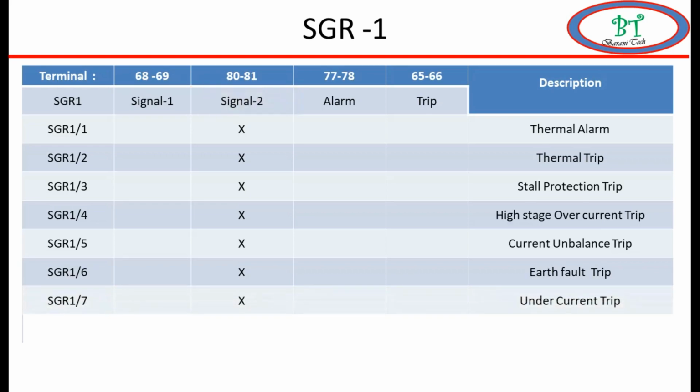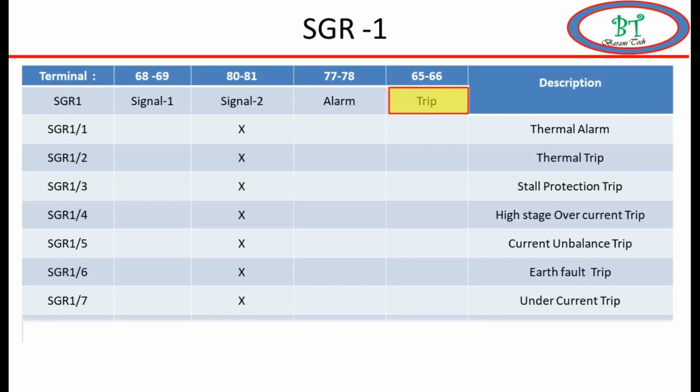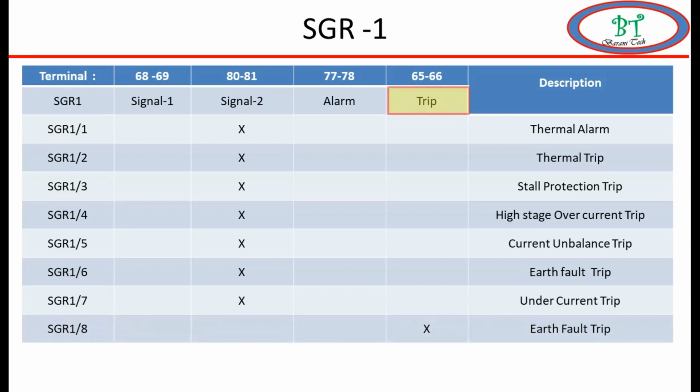When we configure SGR1/7 as 1, then the signal for undercurrent is linked to programmable signal 2 for terminal 80 and 81. To this programming signal 2 we can take additional protection or additional signal to DCS or any monitoring purpose. And SGR1/8 is for earth fault trip, for linking to main protection trip on terminal 65 and 66 mentioned before.